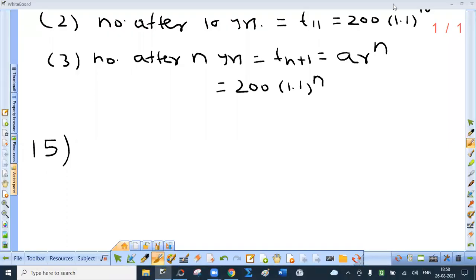Sum 15. The numbers x minus 6, 2x and x square are in GP. Find x, the second term, first term and the nth term. Good. Now, what is given?